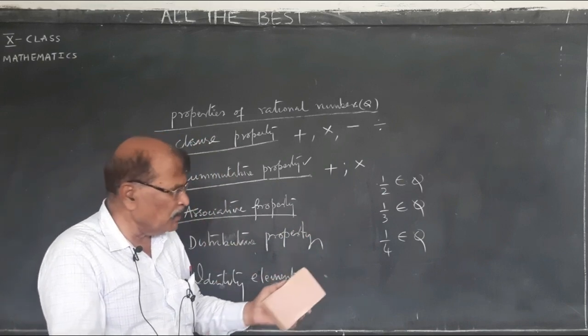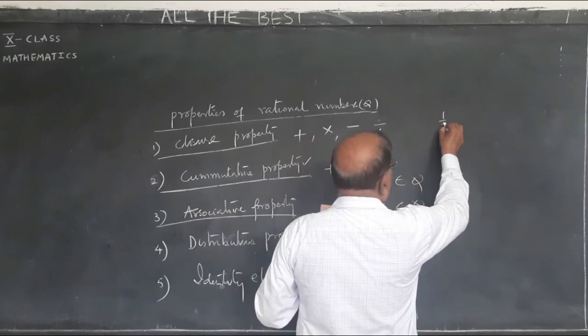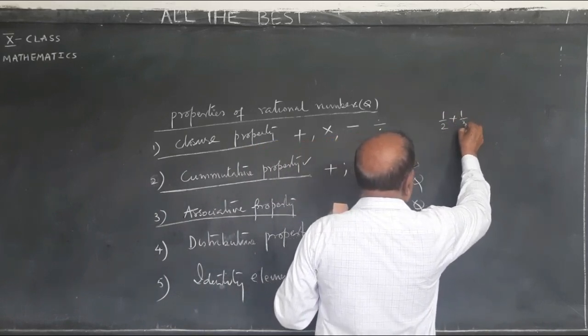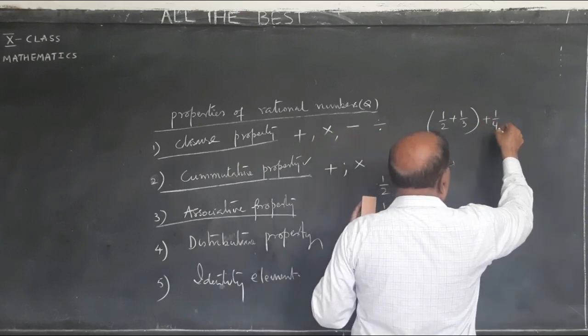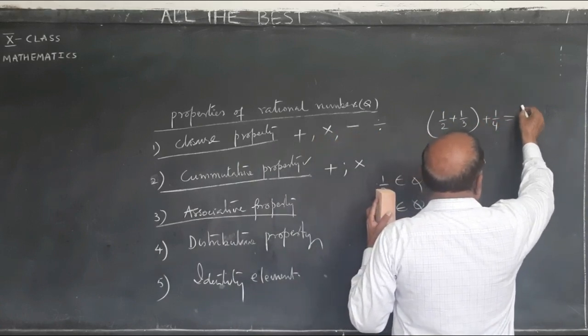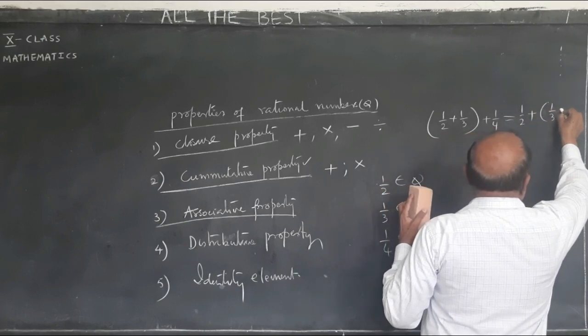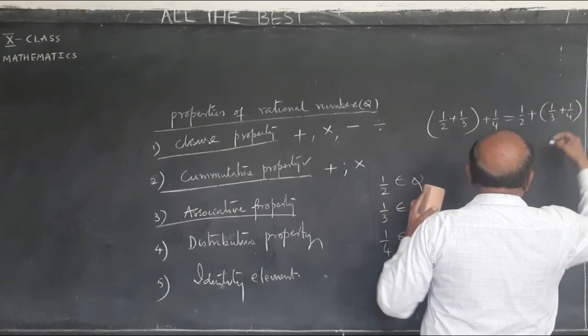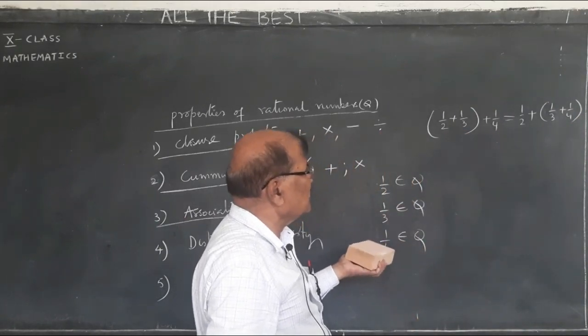Associative means putting together. 1/2 plus 1/3 put together, plus 1/4, is equal to 1/2 plus 1/3 plus 1/4 put together. We have put together; let us see the results.